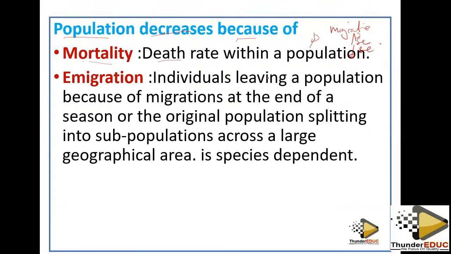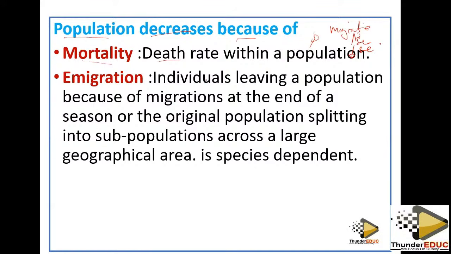So it depends on which kind of migration has taken place. If it is emigration, then automatically where the organism has exited, yes, it means that their population in that area will decrease, and where the organism has entered to, the population is going to be increased.